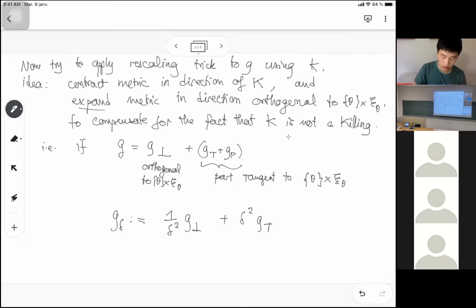So you see that you're indeed rescaling, contracting. So delta is very small. So you're contracting the part tangential to K. GT is the part tangential to your vector field K. And G orthogonal here is the part that is orthogonal to the slices, the theta, theta. And in that direction, you need to expand the metric.